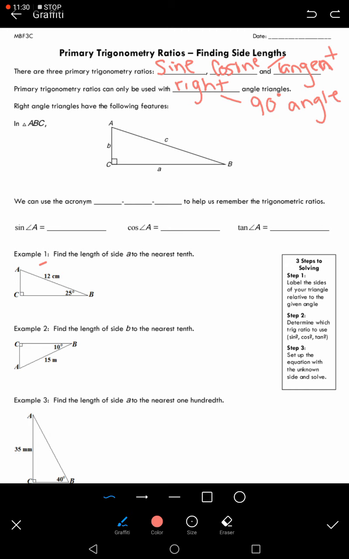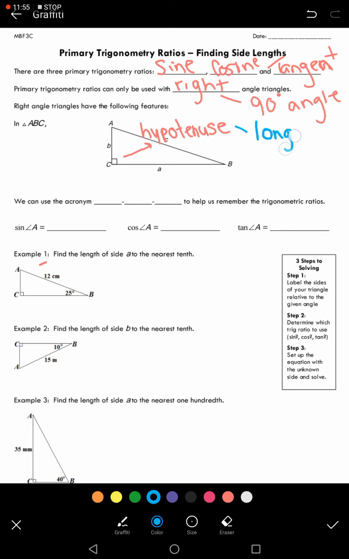So the side that is across from your right angle is always going to be your hypotenuse. That's the one that's across from the right angle, and it's also going to be your longest side.